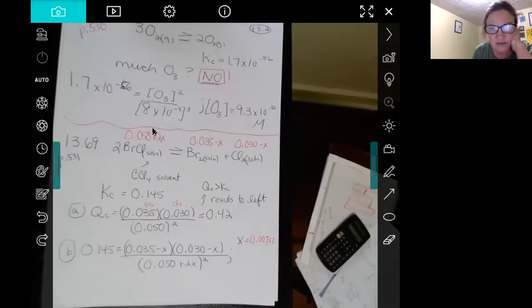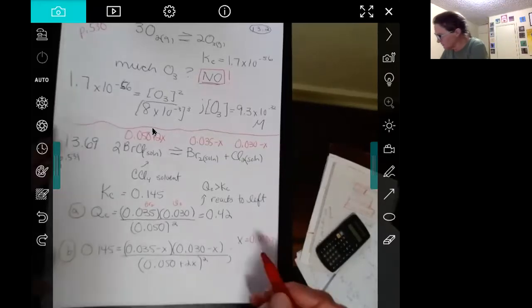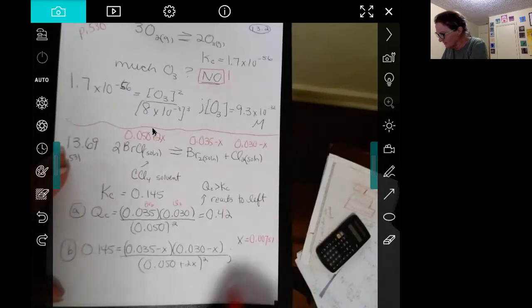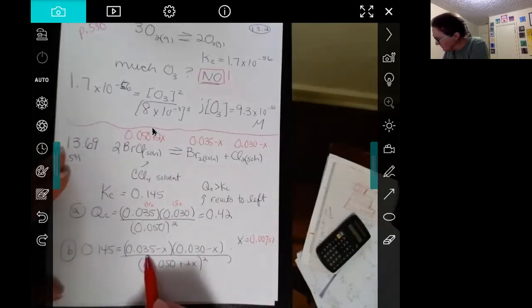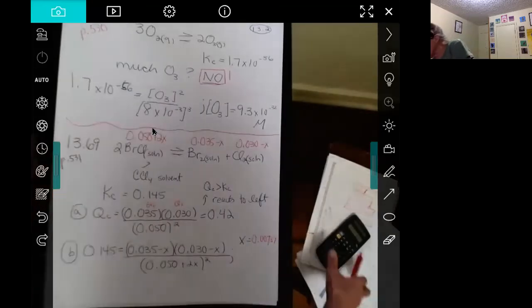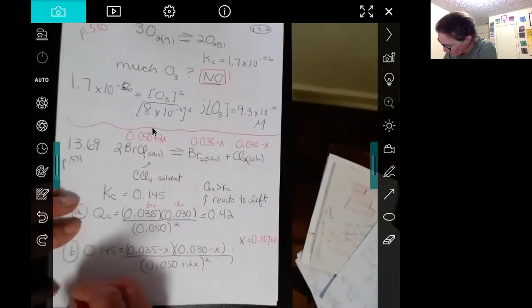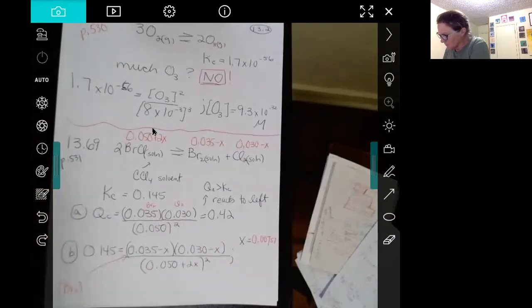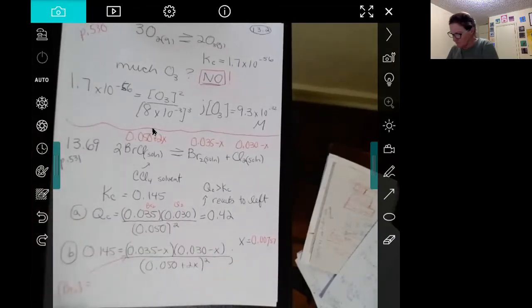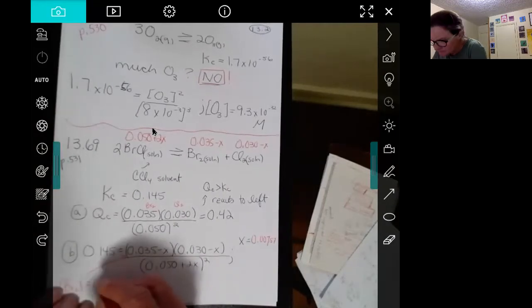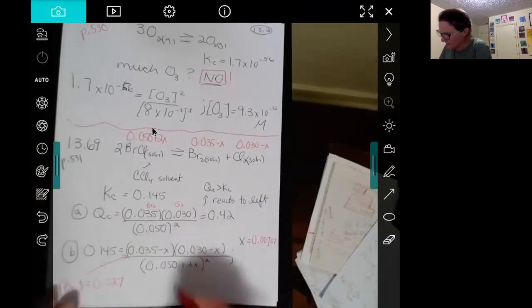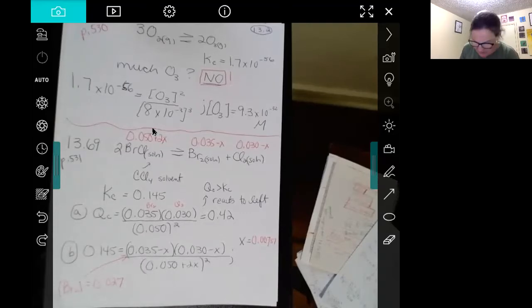And okay, so if x equals 0.00757, if I subtract it from this value, that'll be my bromine concentration. So that's the first one. So you can do the math too. And with that subtraction, I only have 2 sig figs.